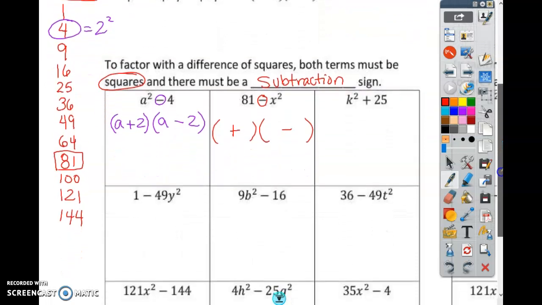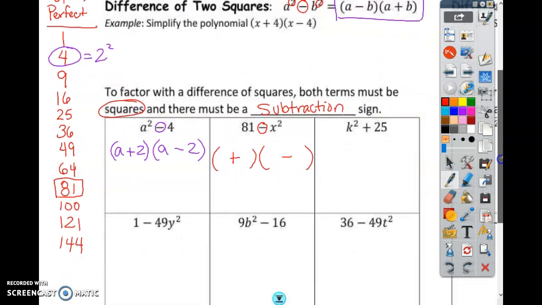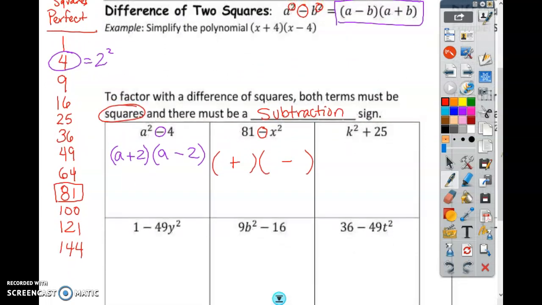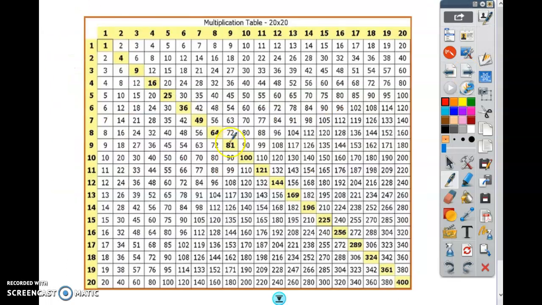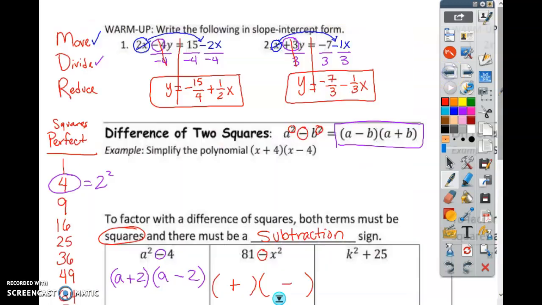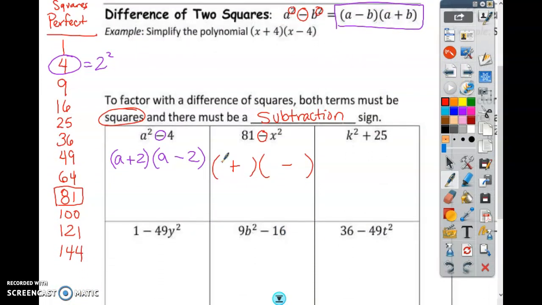I don't care which one's which, because you have the same numbers. What's the square root of 81? So here's 81. It's 9 times 9. So I'm going to put 9 in the front. And then x squared is just x times x. And I'm done.